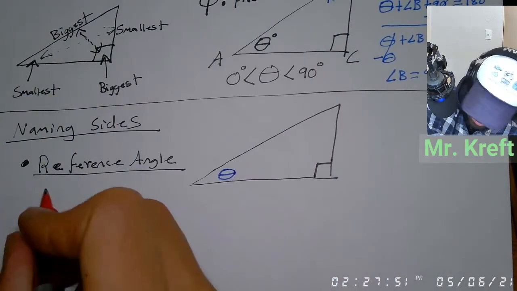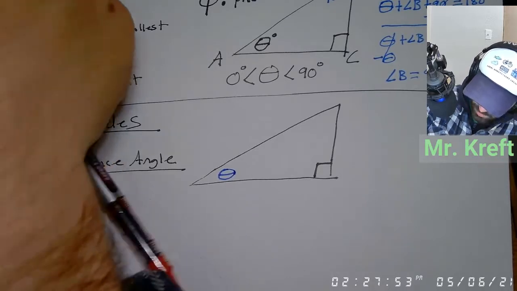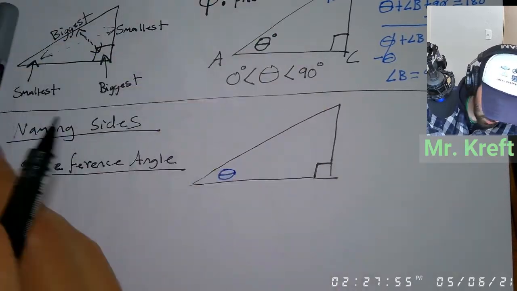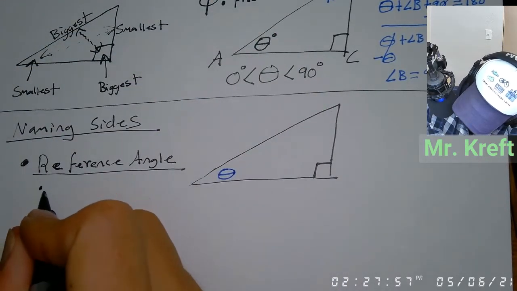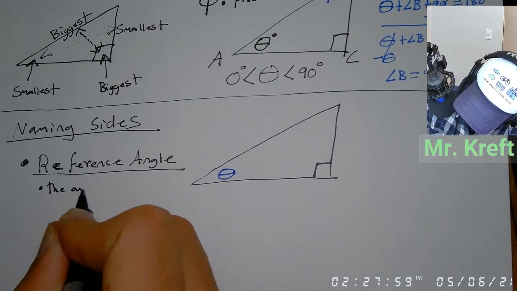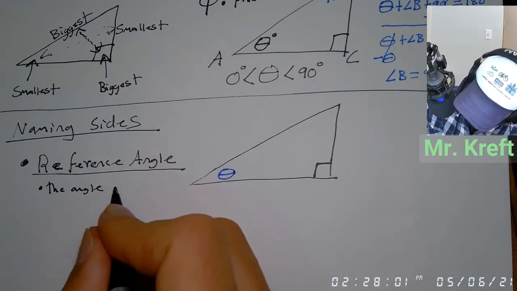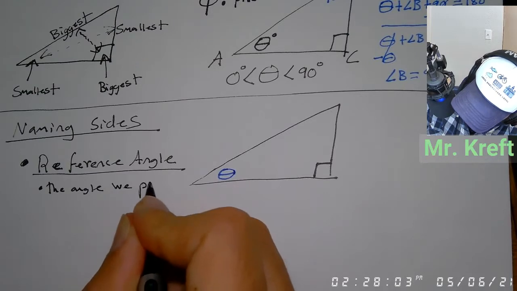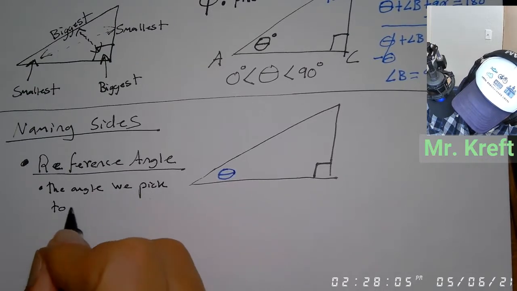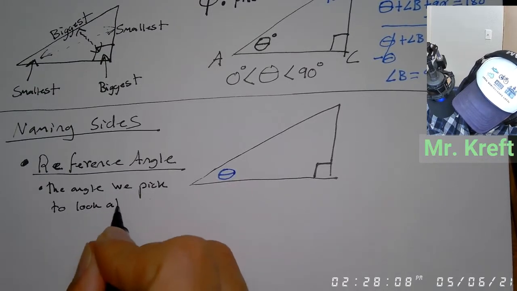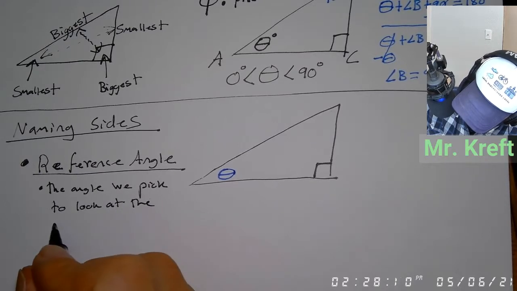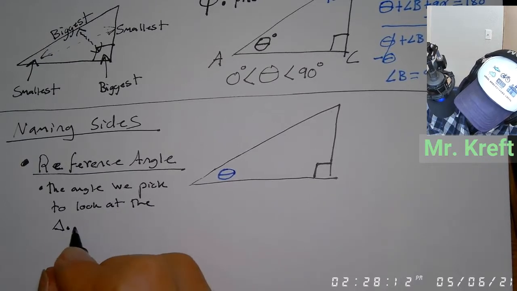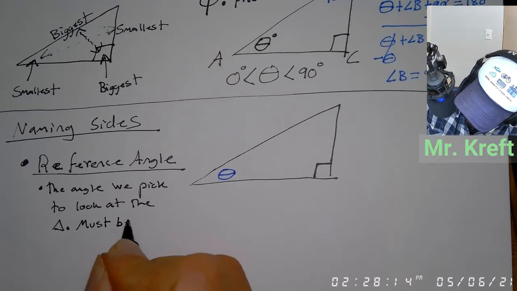A reference angle is the angle we pick to look at the triangle, and it must be acute.